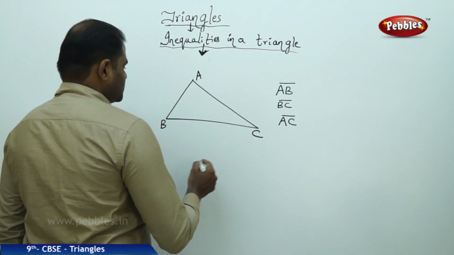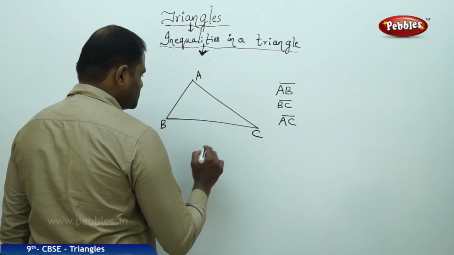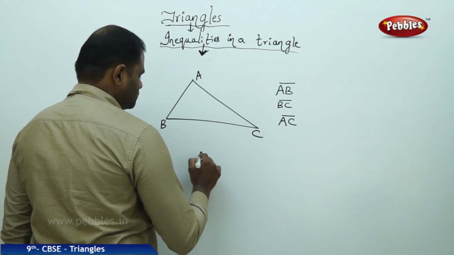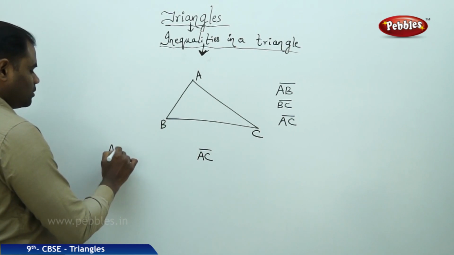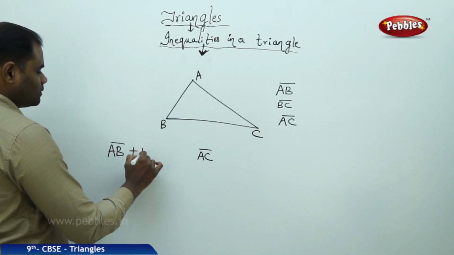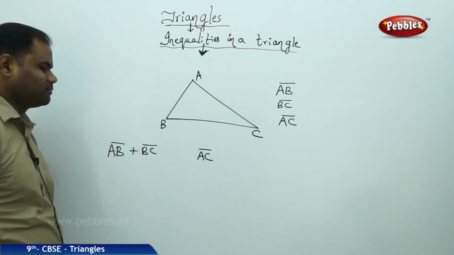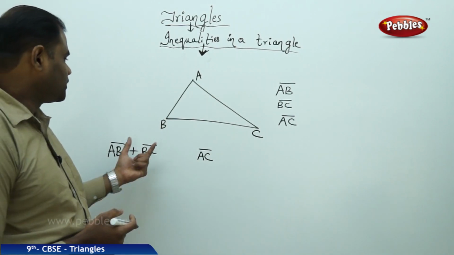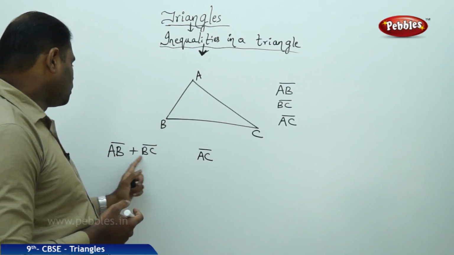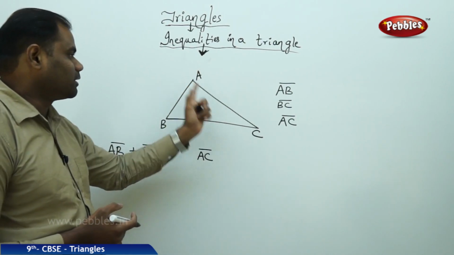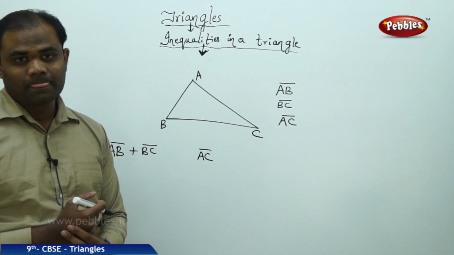Suppose I take the sum of two sides AB plus BC. Then how do I relate it with the third side AC?